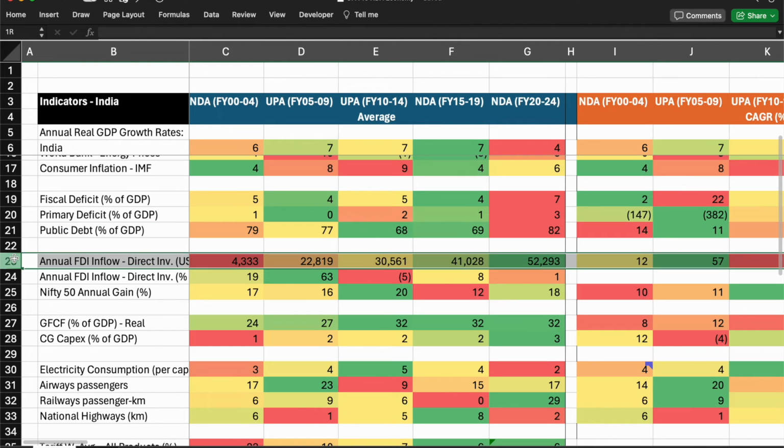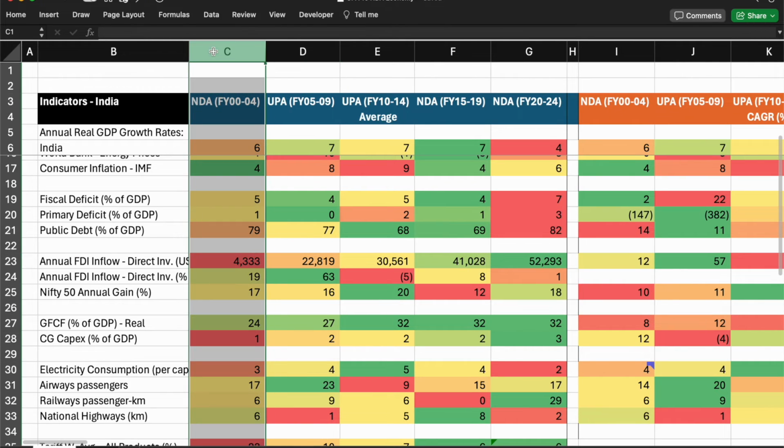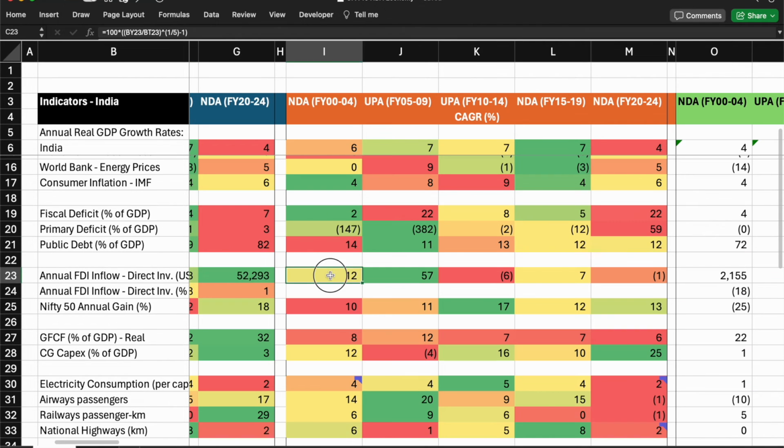Now the FDI. If we see what the level of FDI was during the Vajpayee government and what it was during the Manmohan Singh governments, you will see that there is a lot of difference. And the UPA government has done quite a good job in attracting foreign direct investment into India. CAGR shows that in the first term of the UPA government, FDI inflow improved significantly, 50% CAGR.